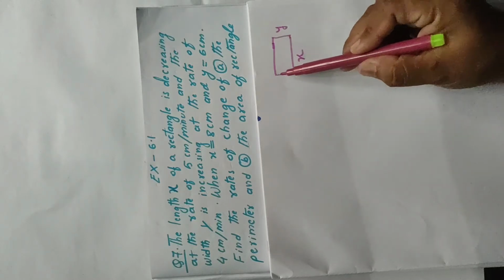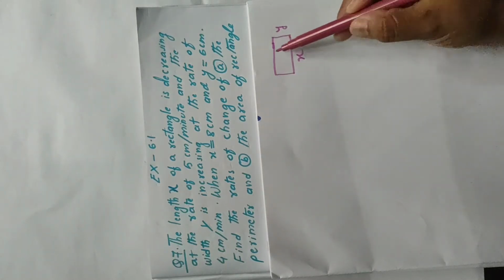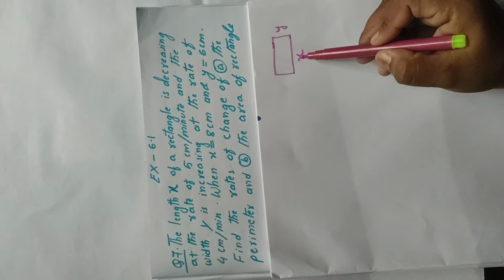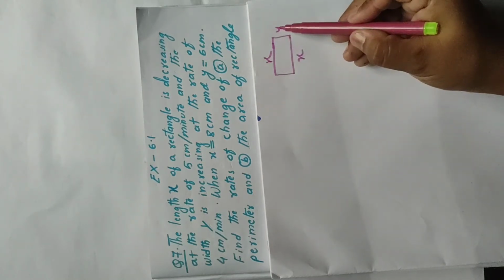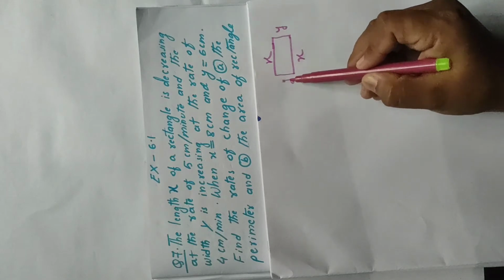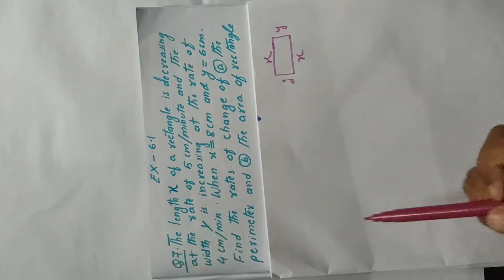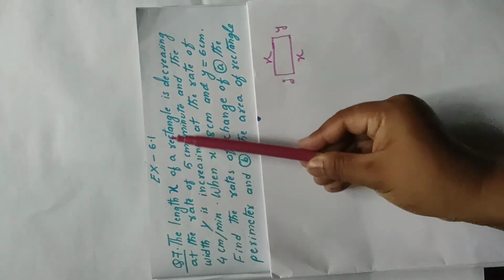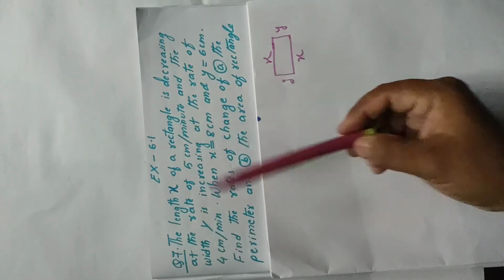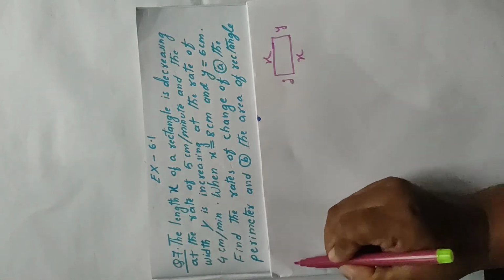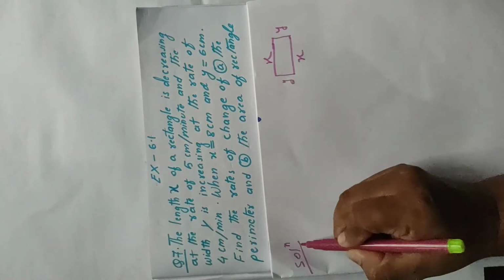As you all know that in rectangle, two sides are equal. If this side is x, then this side must be x. If this side is y, then this side must be y. Now according to question, the length x of a rectangle is decreasing at the rate of 5 cm per minute. So here is the solution.